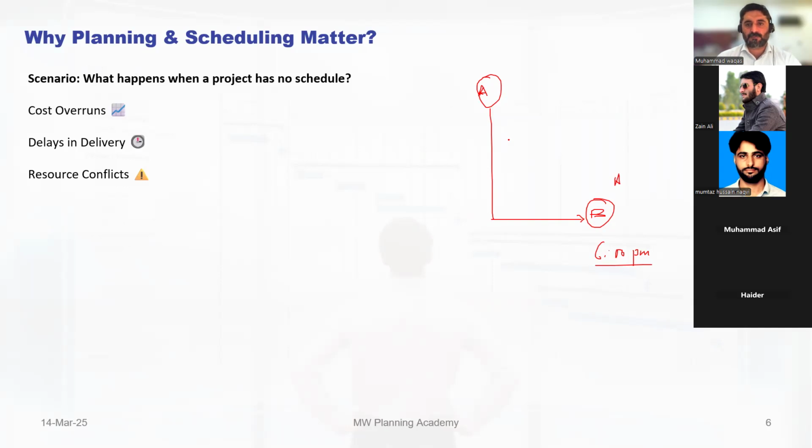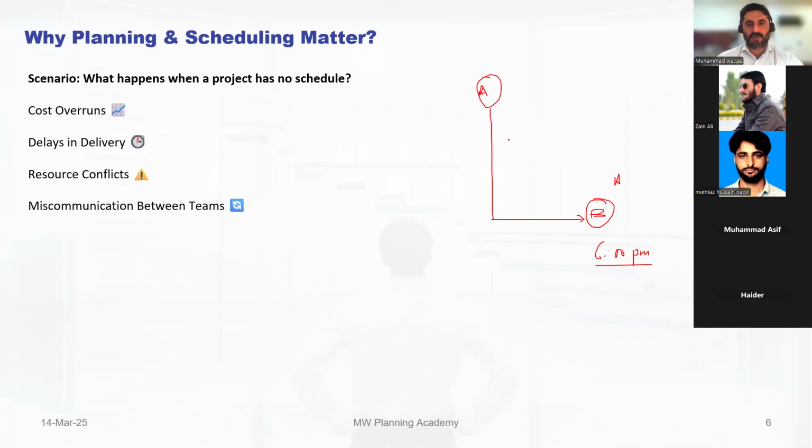There will be a resource conflict because person A was working in some company or somewhere, and then he has to report to person B, and then come back. But if person B never shows up, he loses all the time and all the money, and on the other side there is nobody to replace him. So there is an obvious resource conflict in his organization, and the main thing is that there is a miscommunication between team A and team B.